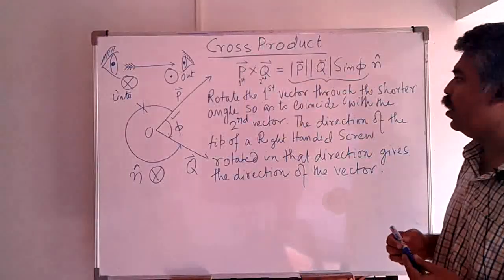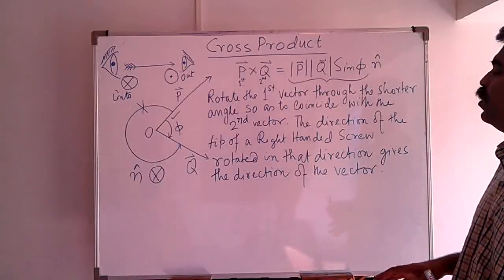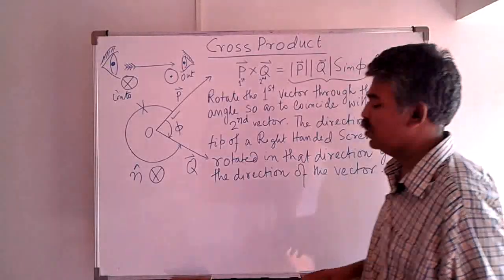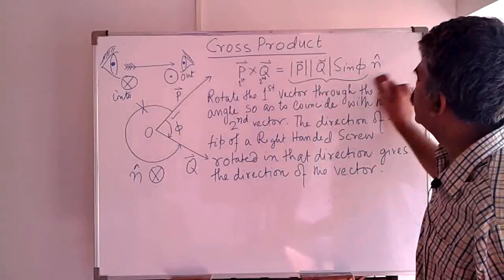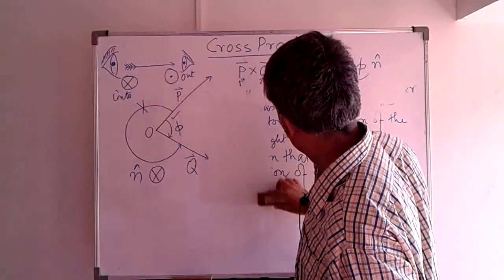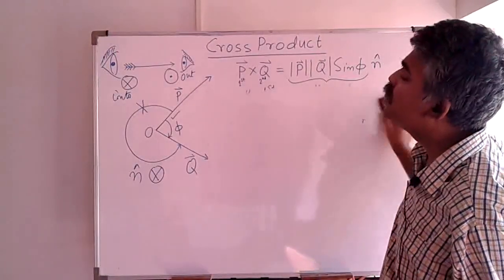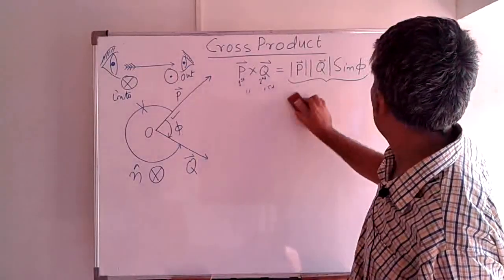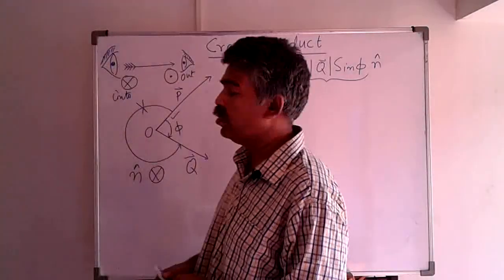I'll show you another figure. Let me draw another figure, then we'll be able to understand how the direction works. So let's erase this. You understand this P and Q are on the plane of the board, but I want to draw a 3D figure so that P and Q come out of the board.